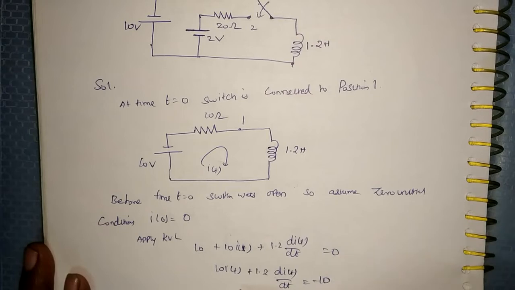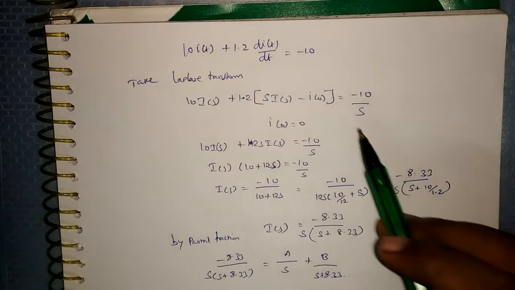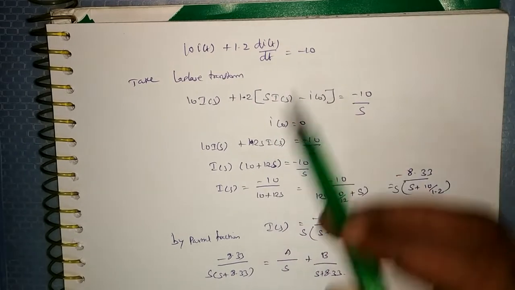Here, 10 I of t plus 1.2 di of t by dt equal to minus 10.